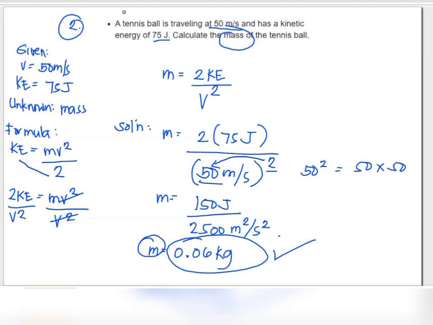Okay, so we are left with one more problem. All right, so we are down with our last problem, problem number 3, and this still involves kinetic energy. Okay, so an object has a kinetic energy of 25 joules and a mass of 34 kilograms. How fast is the object moving?